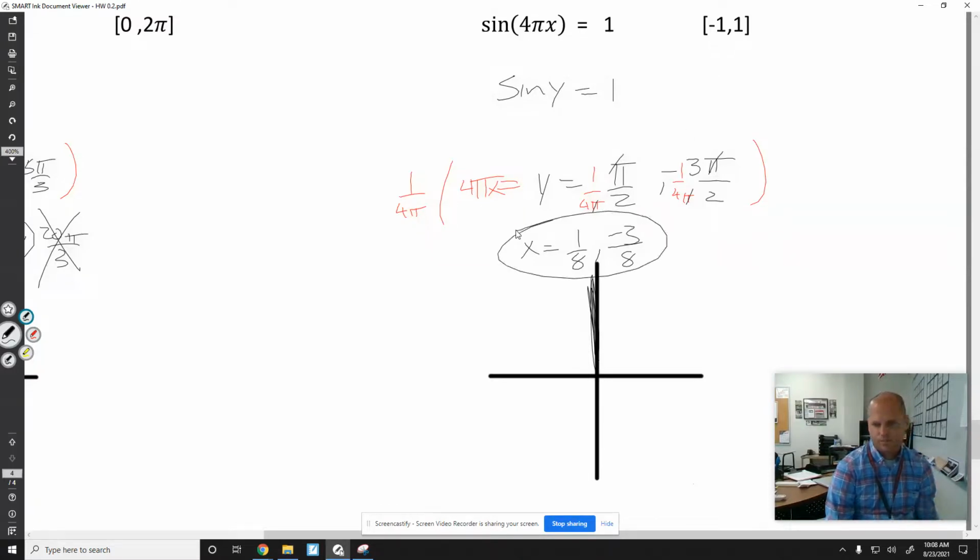That's included. How did I know to go to -3 pi over 2? I just had to think. If I just had 1/8, I would have been comfortable. If I kept going around this way, maybe I need to. If you take pi over 2, add 2 pi, adding 4 pi over 2, you get 5 pi over 2. Divide that by 4. Oh my goodness, look at this.